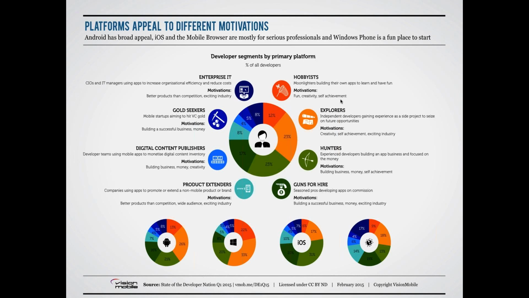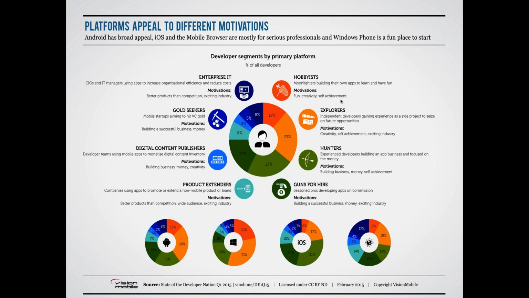Over the years, we published a report on developer segmentation 2 months ago, called Developer Segmentation 2014. And in this chart, we also show the share of developers in each OS in each segment.